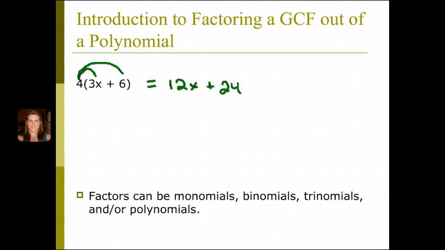Well, if you look at the left, your 4 and then the 3x plus 6, these are known as your factors, because that is what you multiplied together to get your product.